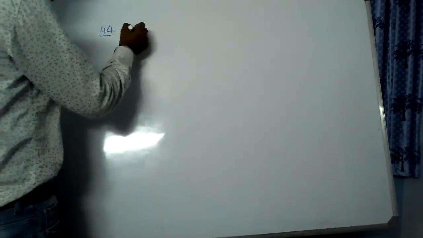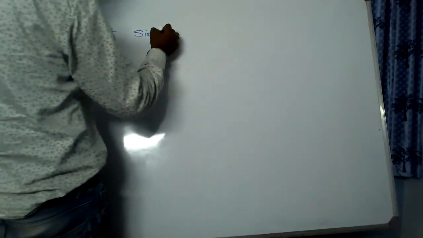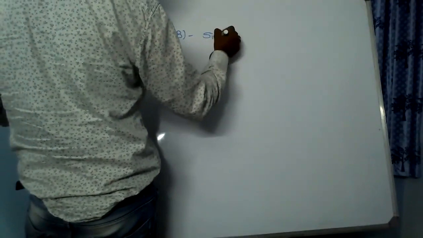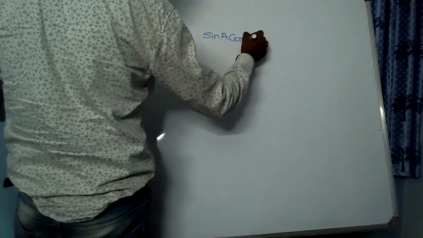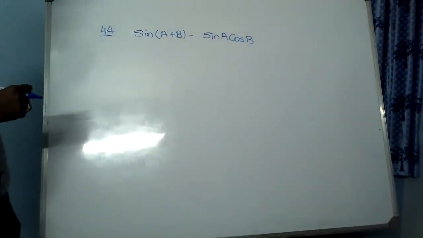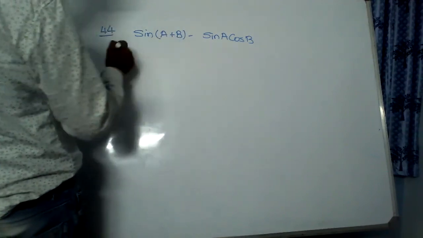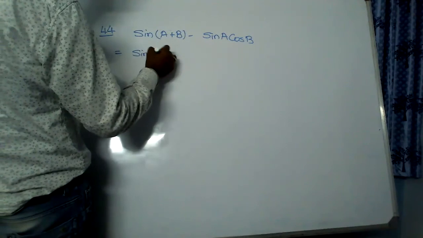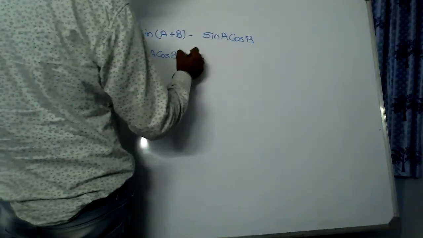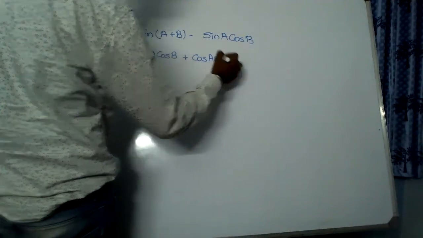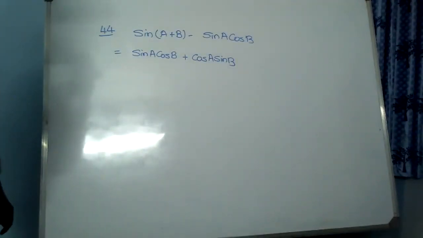So if I just do question number 44, it is sin (A plus B) minus sin A cos B. Sin (A plus B) as per the formula gives me sin A cos B plus cos A sin B. Is it A plus B or A minus B there?